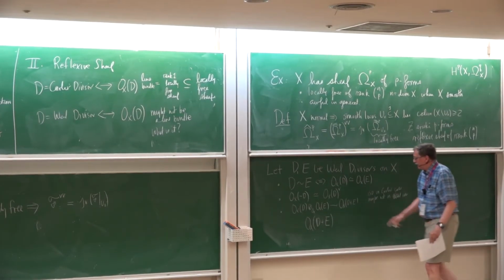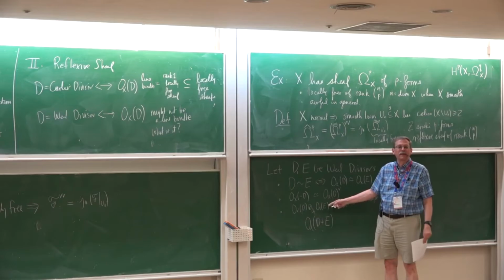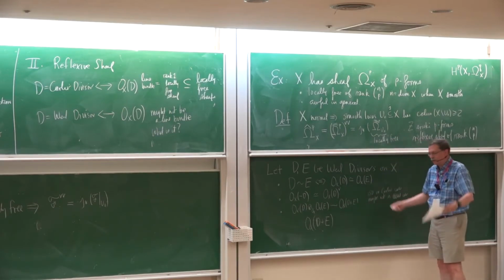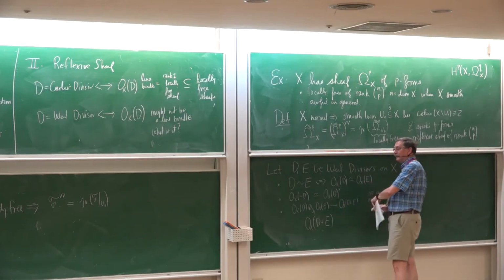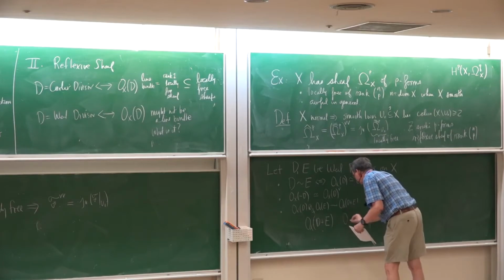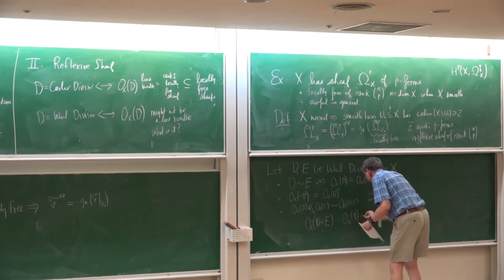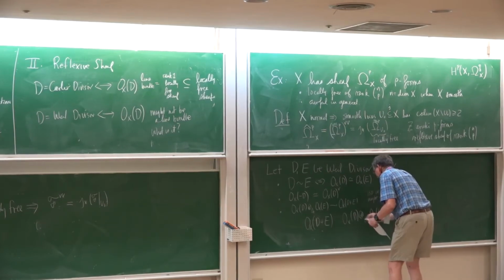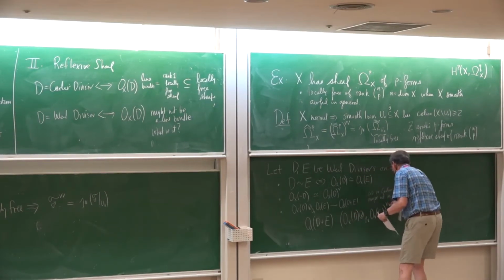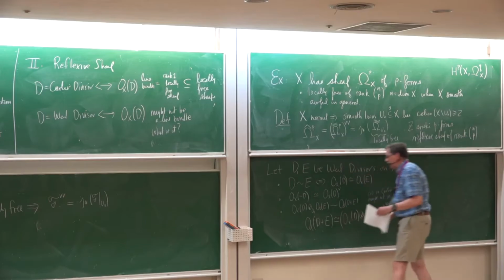So anyway, this sheaf is bad. How do I make it good? Take the double dual. And it turns out that the double dual here does nothing. And so when you take the double dual, then you get that.